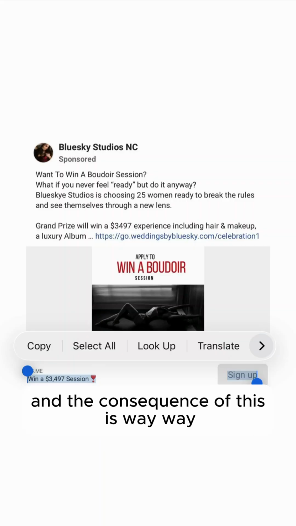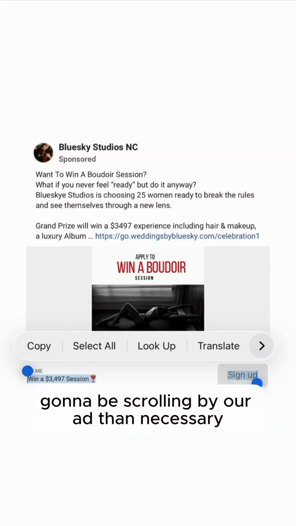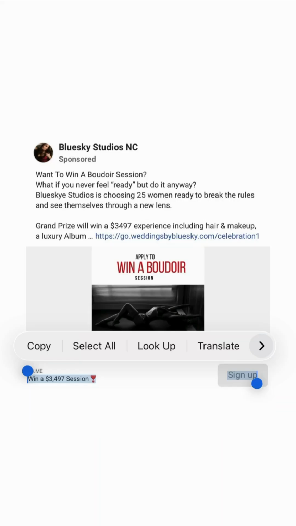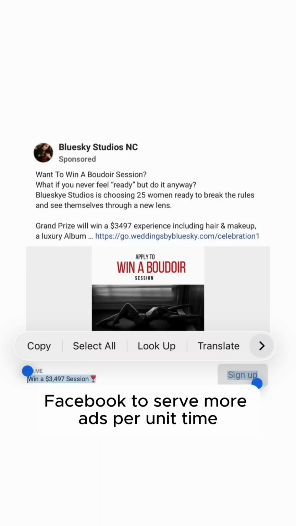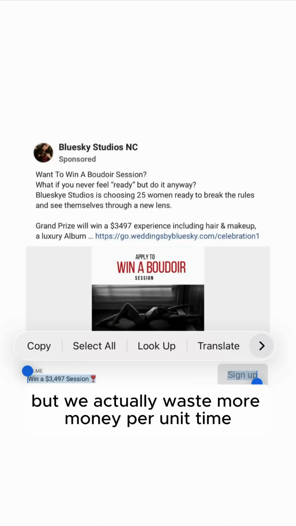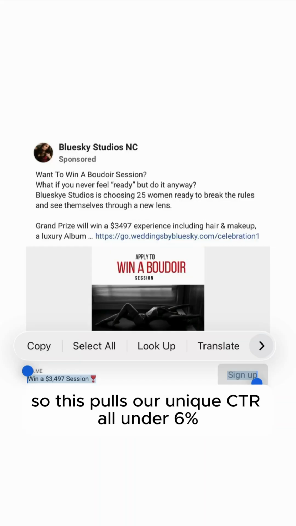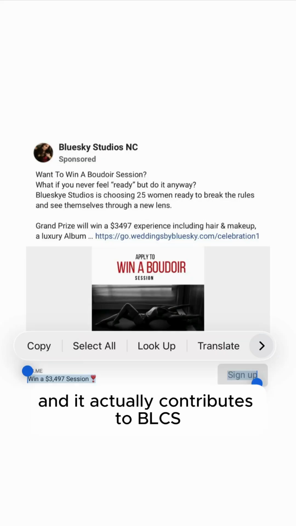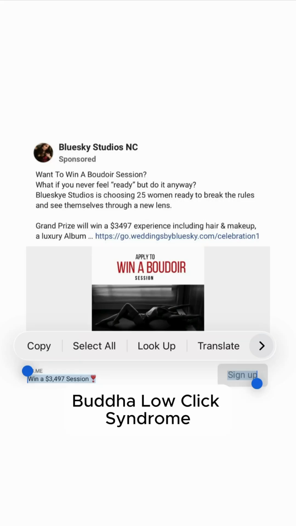And the consequence of this is way more women going to be scrolling by our ad than necessary, which Facebook likes because it enables Facebook to serve more ads per unit time, make more money per unit time, but we actually waste more money per unit time. So this pulls our unique CTR under 6%, and it actually contributes to BLCS, Boudoir low click syndrome.